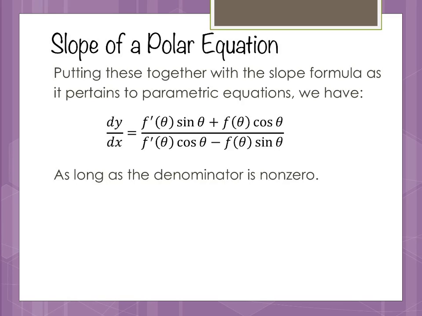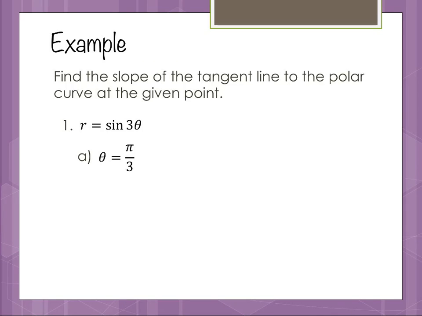We're good with it? All right, our first question that we're going to deal with then, example number 1, is that we have an r equation, r of theta, and it's sine 3 theta. And we're given part A, theta equals pi thirds, and then on part B, we're going to do pi halves.